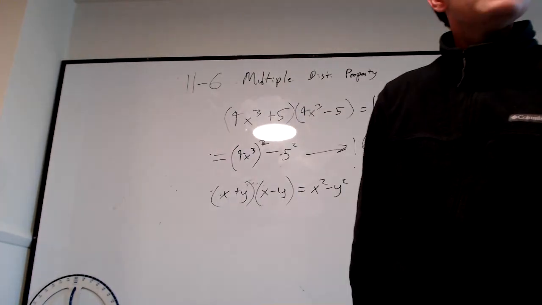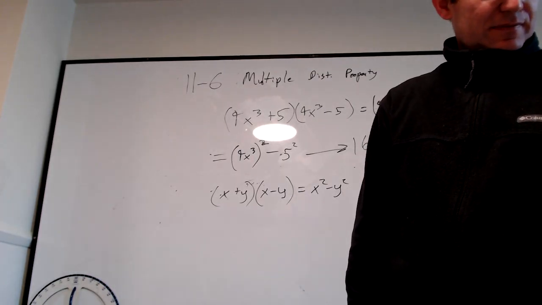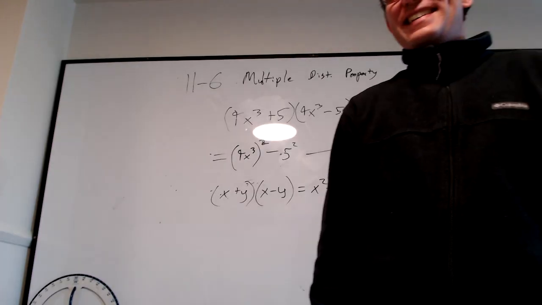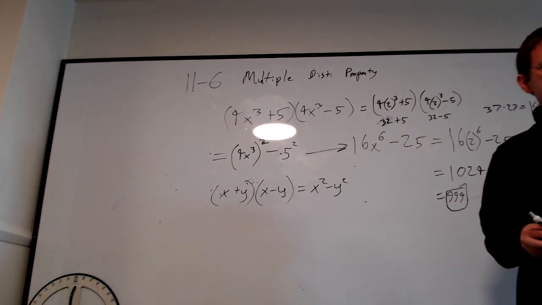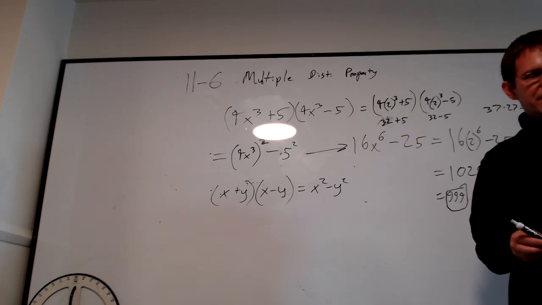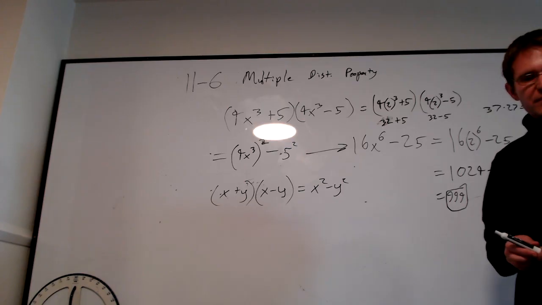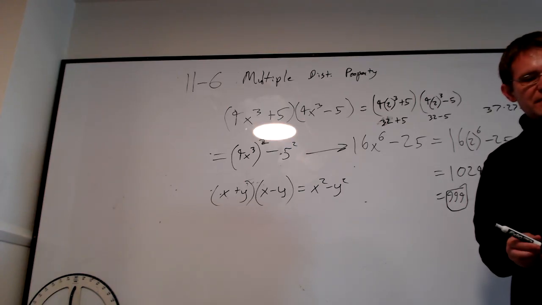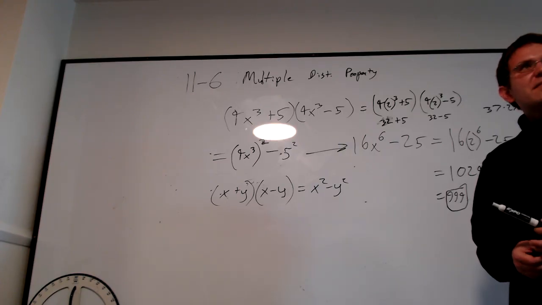Now, if you don't remember the technique, what can you always do? Check your notes. What else can you always do? Do it the long way. Just write them out and do your distribution like we did in the section before, 11.5. If you don't remember the shortcuts, you can always write down what it means and just do the distribution.